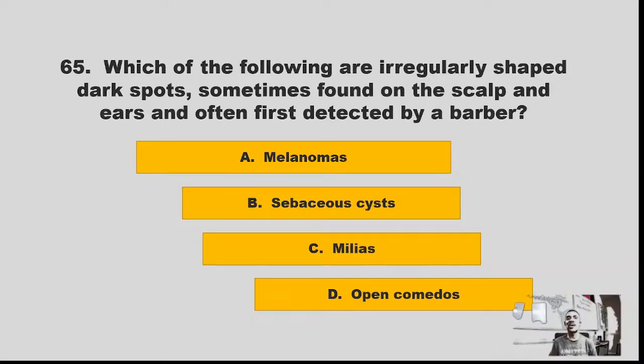These barbers are detecting, is it A, B, C, or D? What are we out here detecting, barbers? And if you chose A, melanomas, then you are correct. And that's what you're detecting.